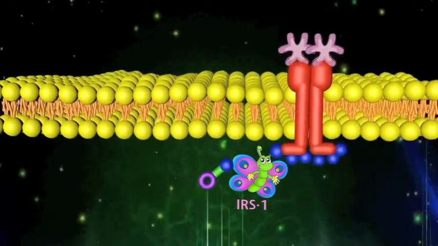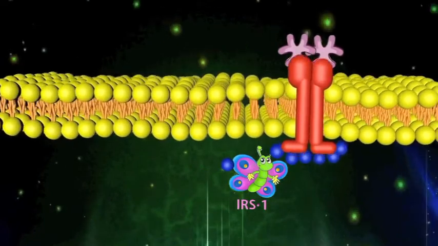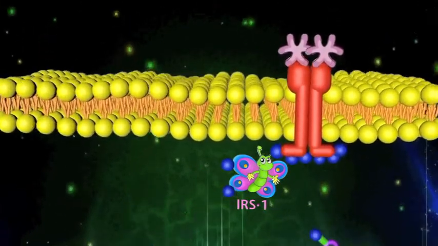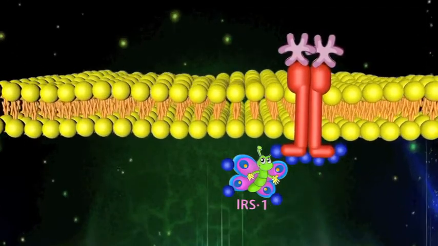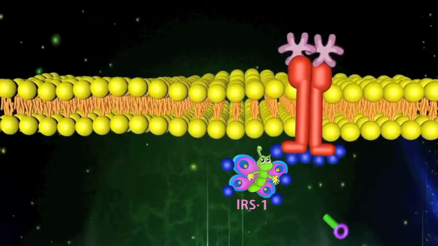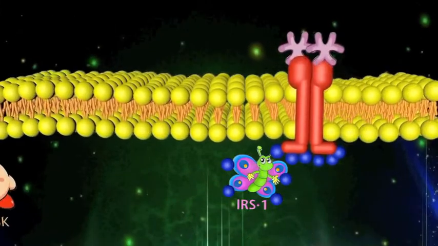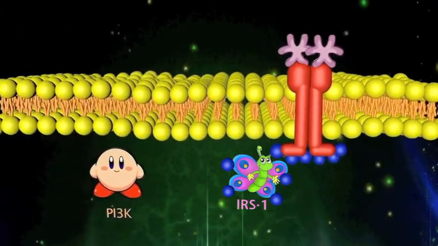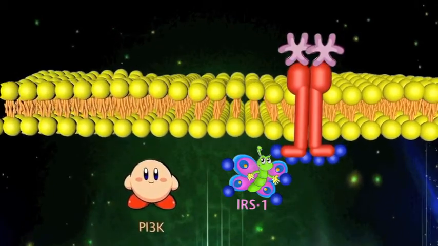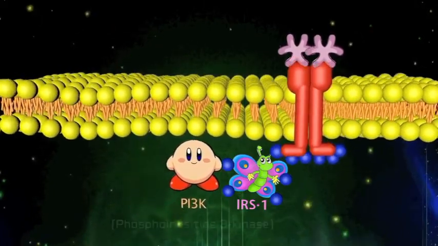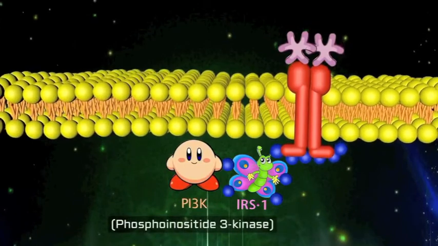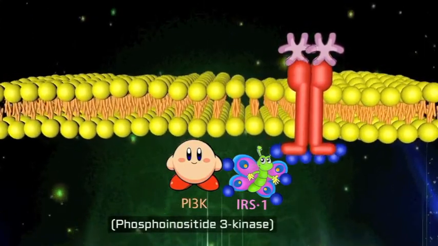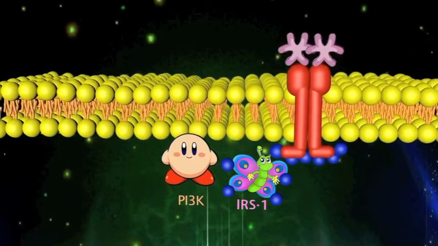Once it is attached, the insulin receptor substrate itself is phosphorylated on 4 tyrosine residues. Then, it provides an attachment point for PI3 kinase, or phosphoinositide 3 kinase. Once that attachment takes place, it causes the active site of phosphoinositide 3 kinase to move inside the cell membrane.